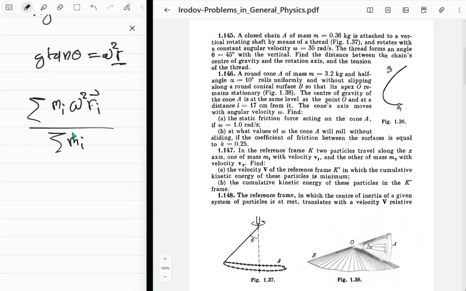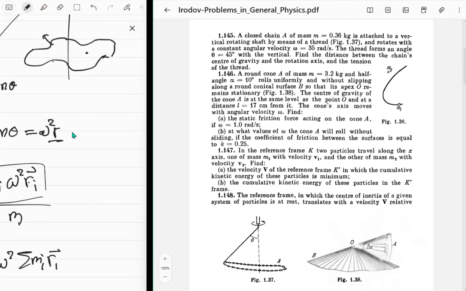Summing this up, this is just going to be omega squared times the summation of m_i r_i, right? This is just m basically. This quantity, what is this actually? This is just the centrifugal force felt by each particle, added up, which is basically the total force experienced by this body.